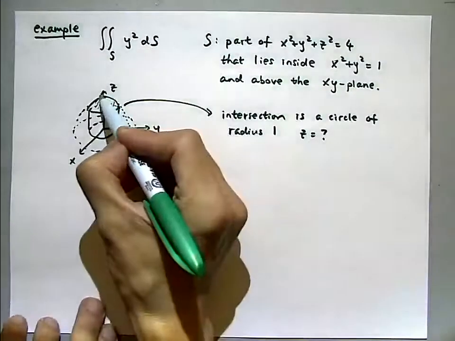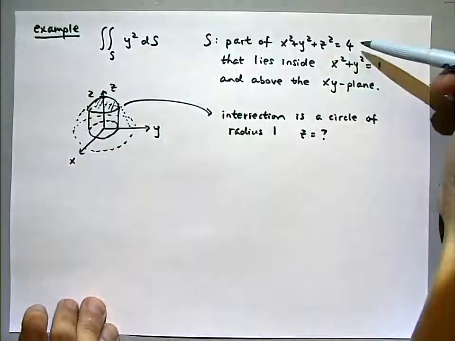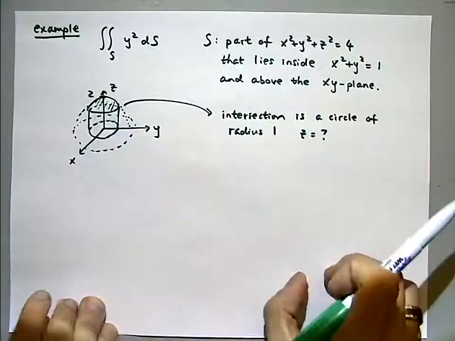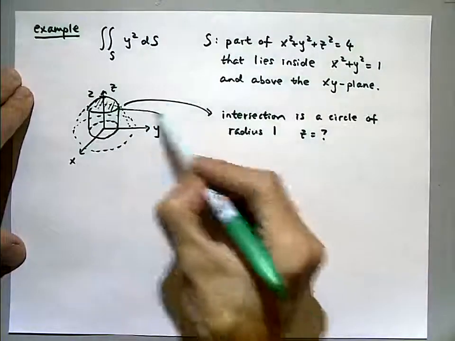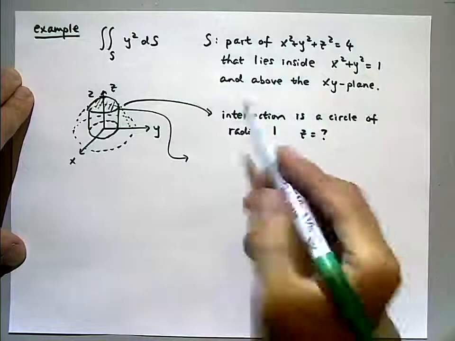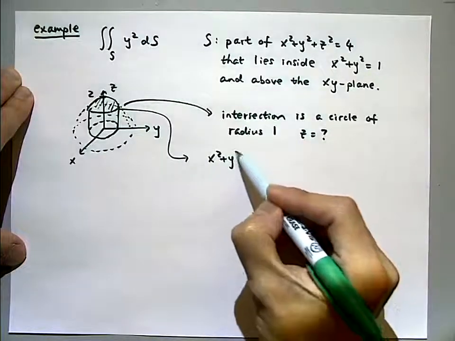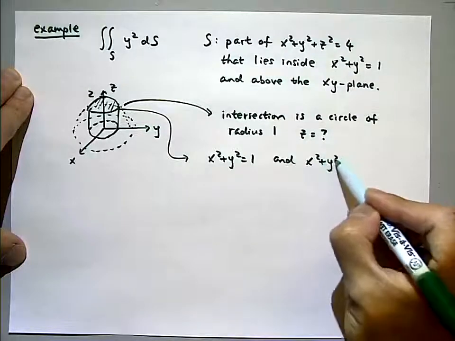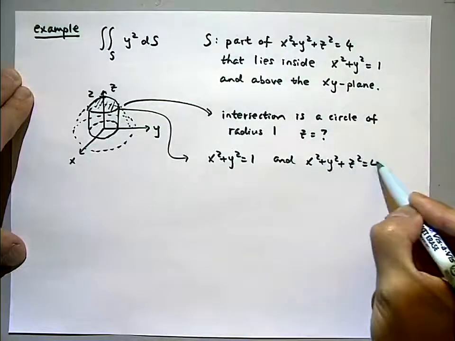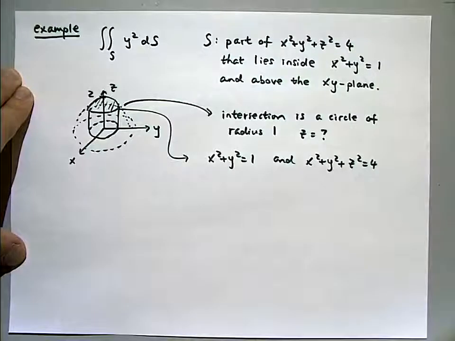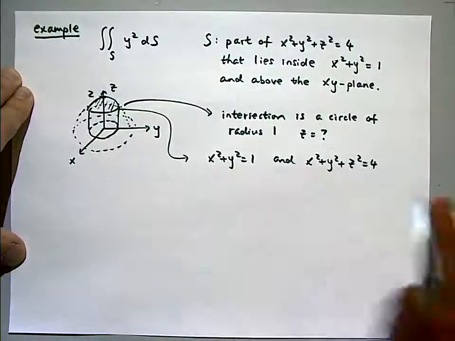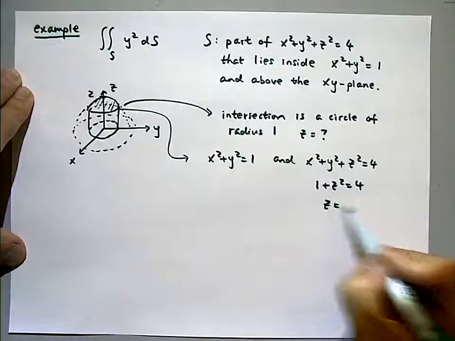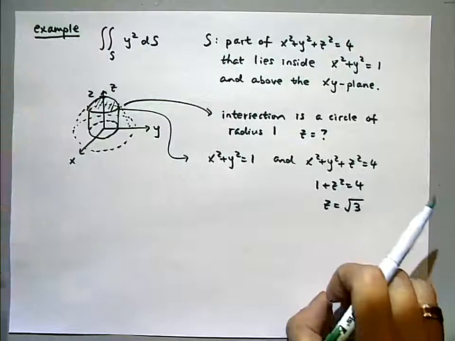We know the top of this is going to be 2 because that's the radius of the sphere, but we don't know at what height this happens. So let's figure that out. Right here, x squared plus y squared is equal to 1, and x squared plus y squared plus z squared is equal to 4, right? That means 1 plus z squared is equal to 4, so z must be radical 3. Okay?